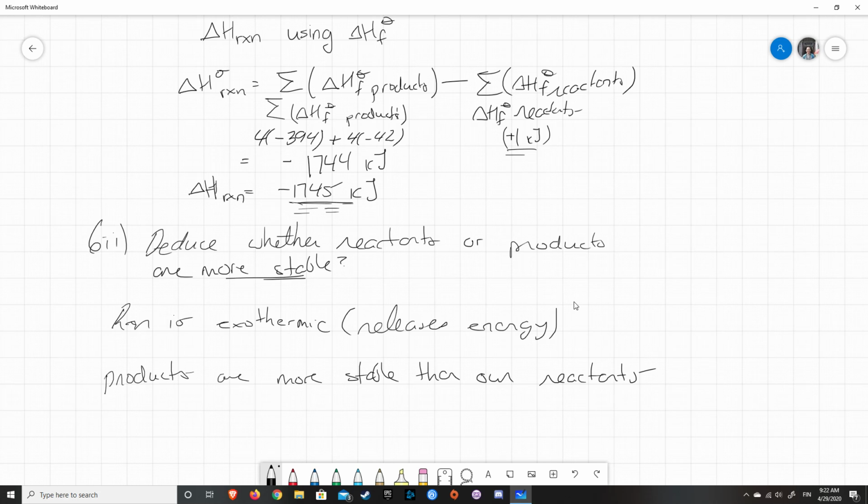And I'd see that based on the reaction being exothermic. If it's exothermic, it releases excess energy. It forms more stable bonds and releases the excess energy. The products are more stable than our reactants, and the bonds are stronger and more stable than the reactants.